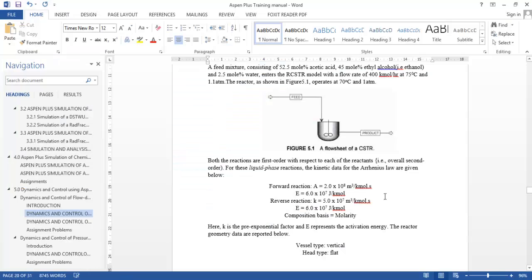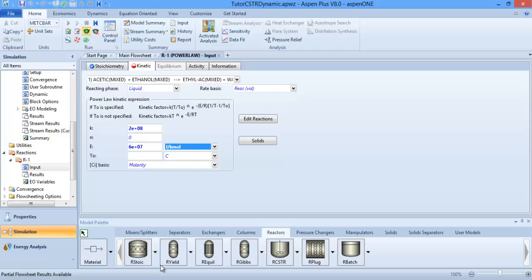The basis here should be molarity. The pre-exponential data should be molarity. If this is given in partial pressure units, then the composition basis will be partial pressure. So not to waste time, we put this to molarity, and then we are good to go.